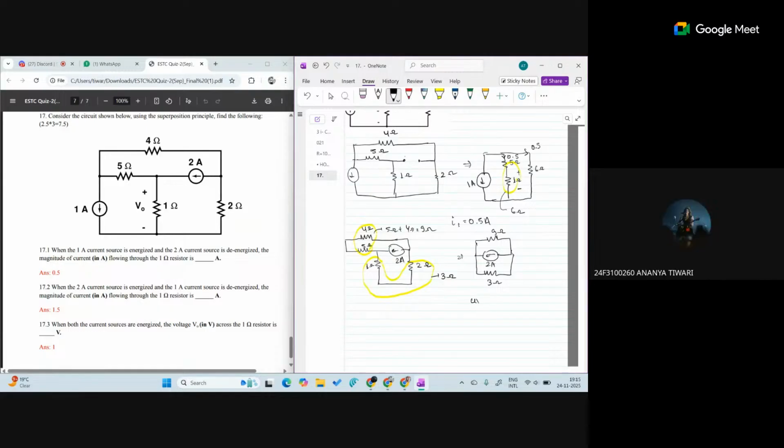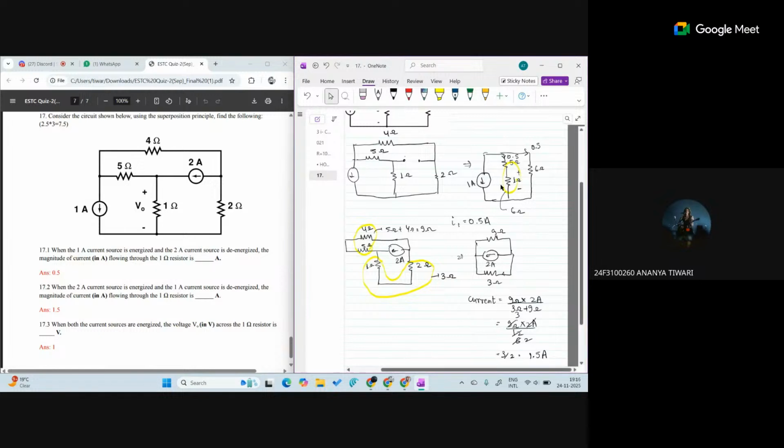So the current divider formula for this 3 ohm: it would be this 9 ohm multiplied by this current, divided by the addition of 3 ohm, 9 plus 3. So we get 9 ohm into 2 ampere divided by 12, which is 18 over 12, and we are getting 3 by 2, which is 1.5 ampere.